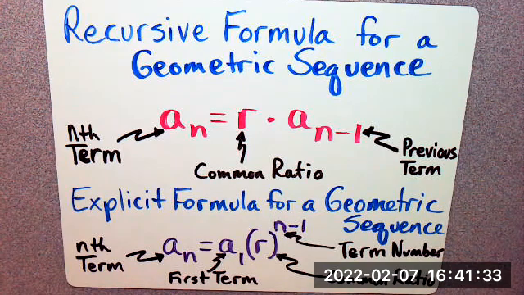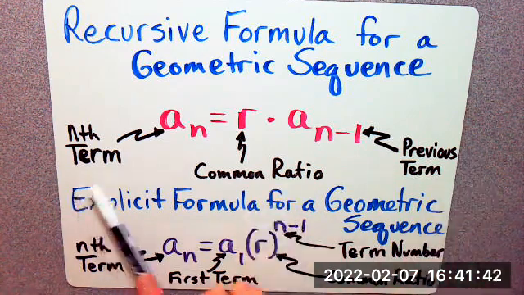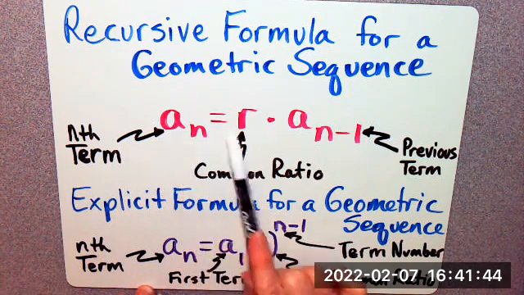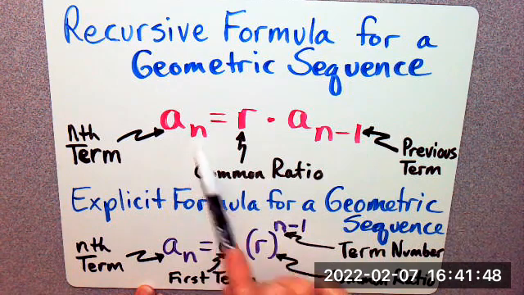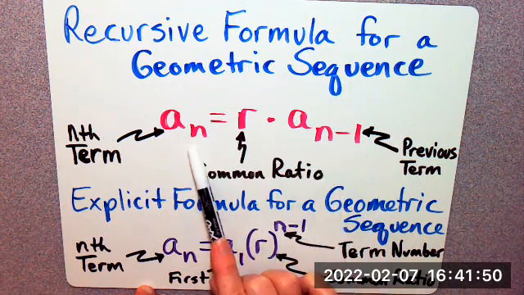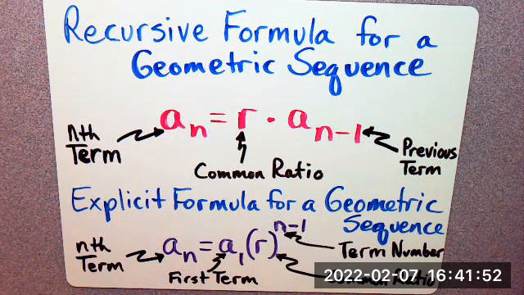So we have the recursive formula for a geometric sequence. If we're looking at a geometric sequence, we see that A_n equals r times A_(n-1). Now these are subscripts, so they're names, not exponents.